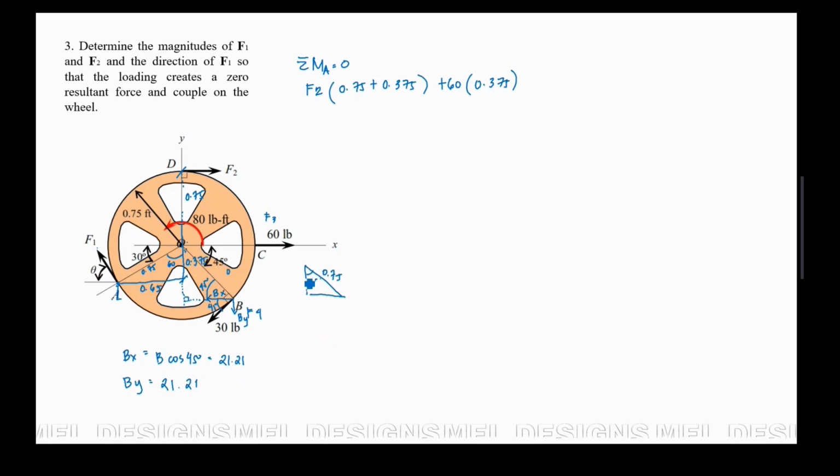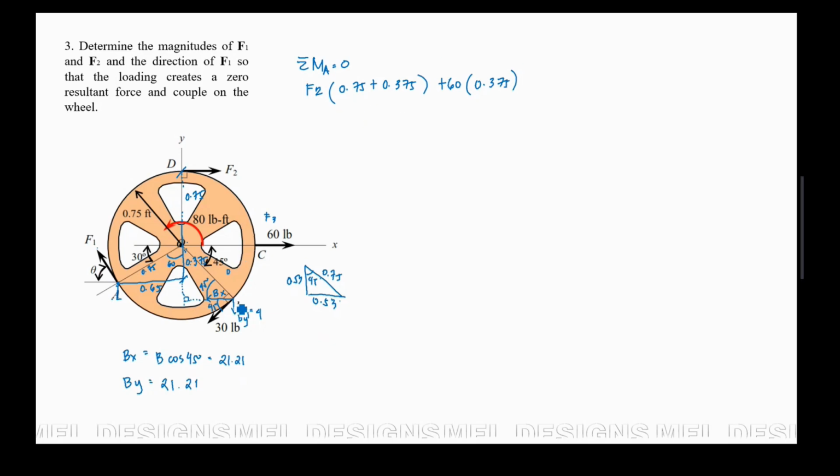Therefore, this one is 0.75 cosine of 45. So, this is 0.53. And then this one, 0.75 sine 45 is 0.53 also. Okay, so 0.53, 0.53.